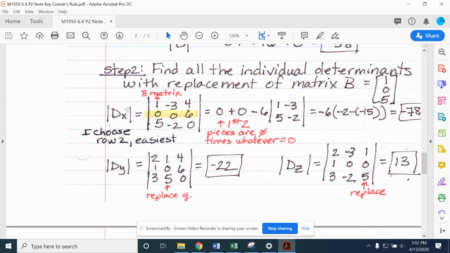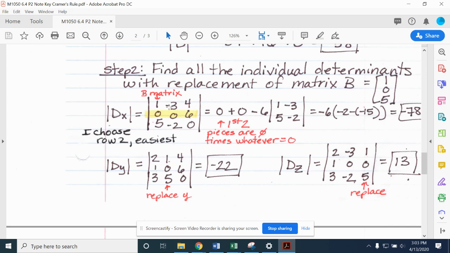Now, with D of x, when I replace this first column with 1, 0, and 5, I have row 2 that has double zeros. I chose row 2 because it would be the easiest for me, where I only have one piece that I'd have to actually calculate, because 0 times anything is 0, and so it's really just that third one.